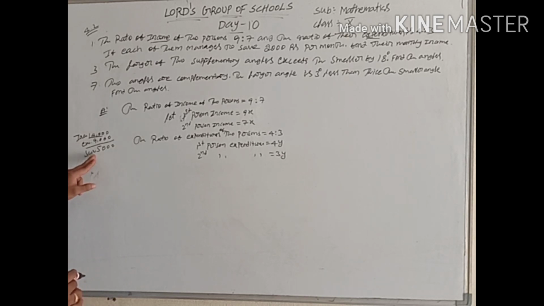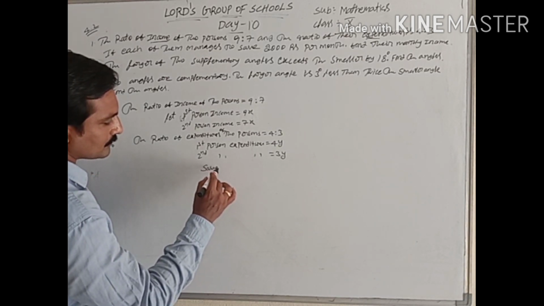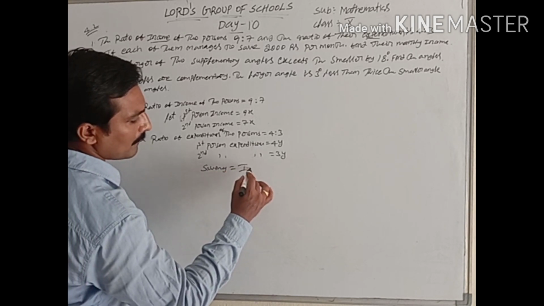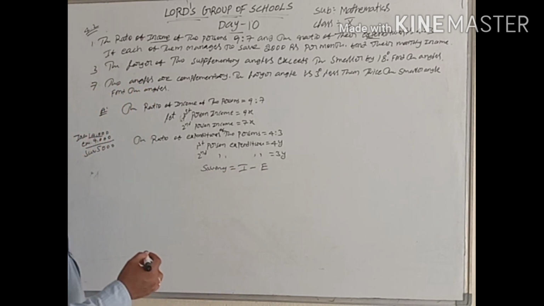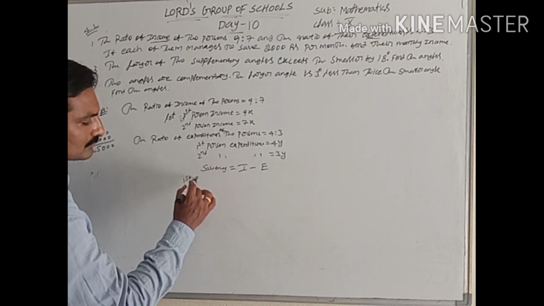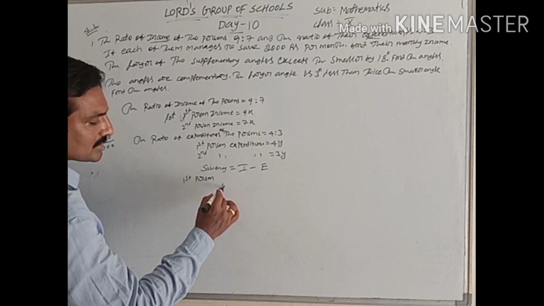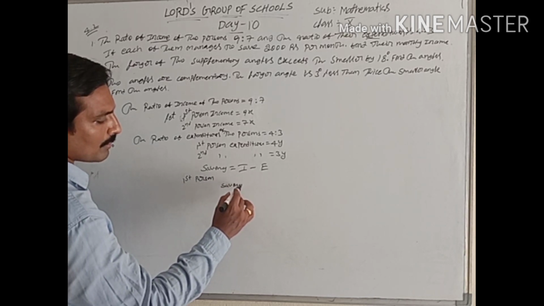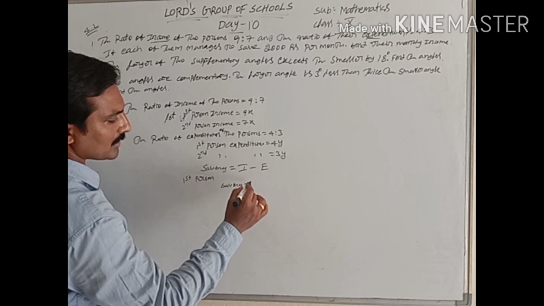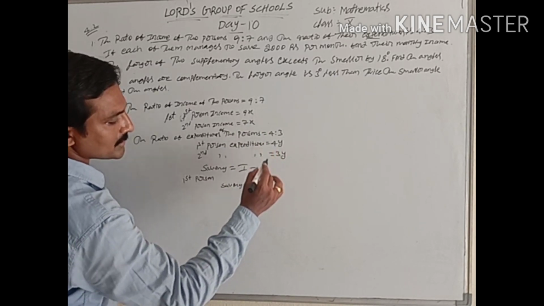So if you want savings, it is income minus expenditure. Saving is nothing but income minus expenditure. Now I take the first person. First person's saving is equal to first person's income 9x minus first person's expenditure 4y.